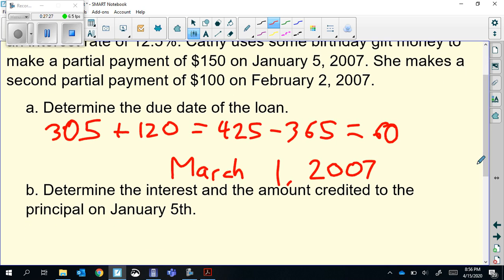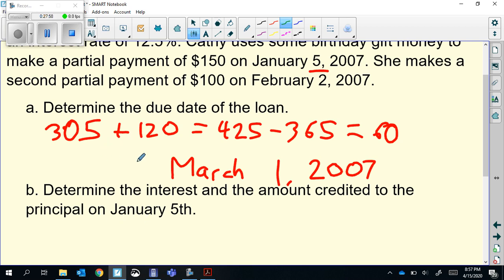Determine the interest and the amount credited to the principal on January 5th. So we're going to figure out how much interest there is up until January 5th when she makes that first payment. Just remember, your payment first pays off the interest. So here we are, January 5th.